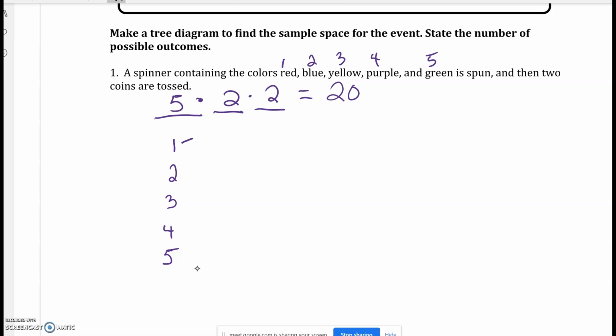So we know that the red could end up with 2 heads, a head and a tail, and a head. Let's see, there's a total of like 8 outcomes. No, just kidding. 4 outcomes. Head, tail, head, and tail.